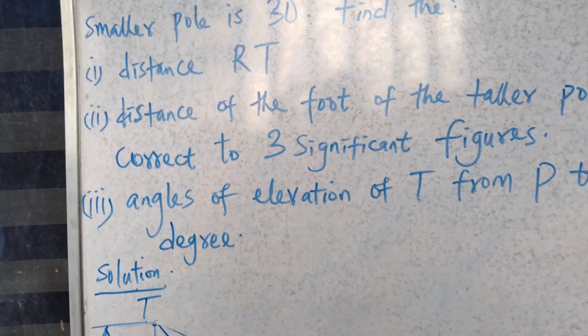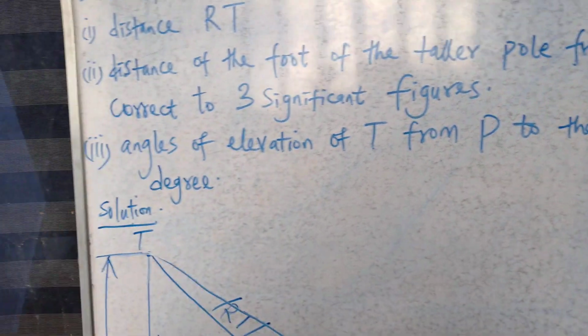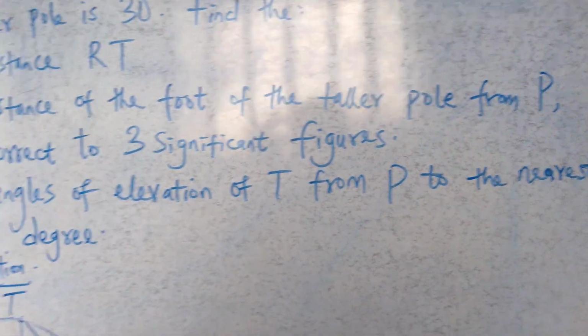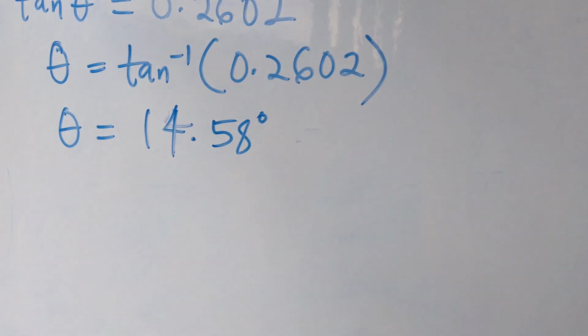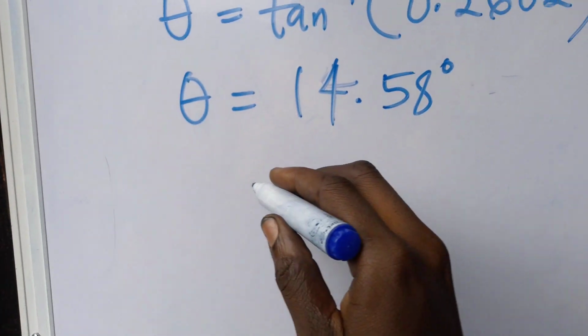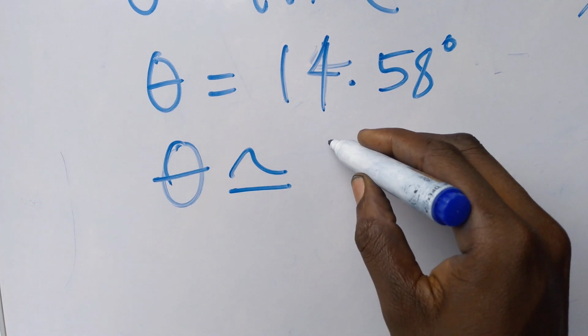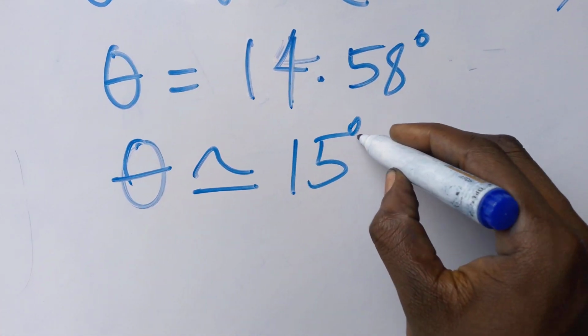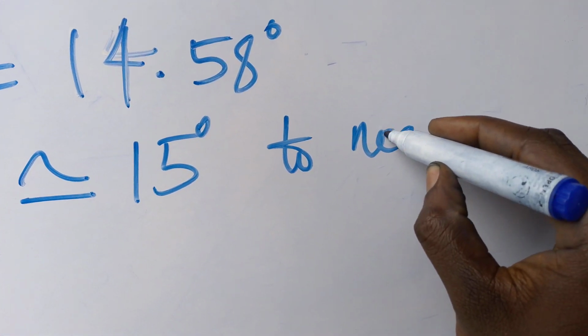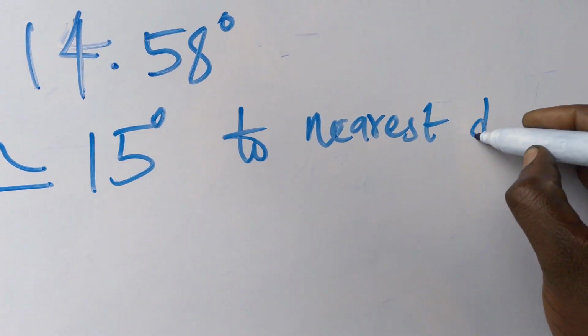It says the angle of elevation of T from P to the nearest degree. You approximate to the nearest degree, so theta is approximately 15 degrees to the nearest degree.